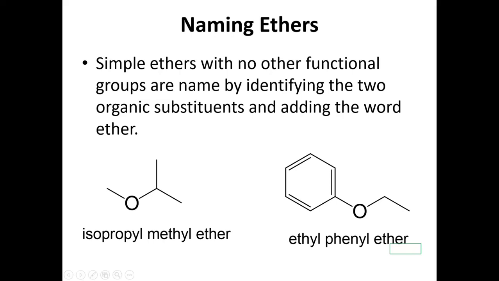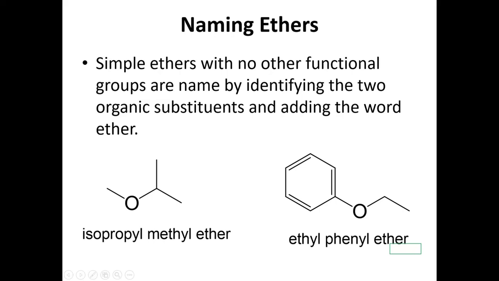We call it iso. Why propyl? Because here is 3 carbon. So you put isopropyl. And here is methyl. Put methyl and ether. You need to arrange based on alphabetical order, starting with I followed by M. And you need to put the ether name at the end of the naming.